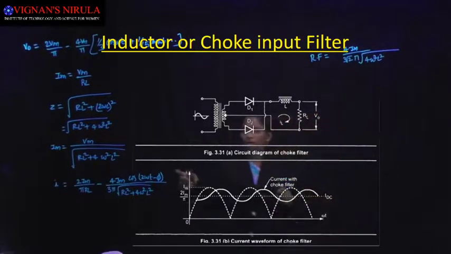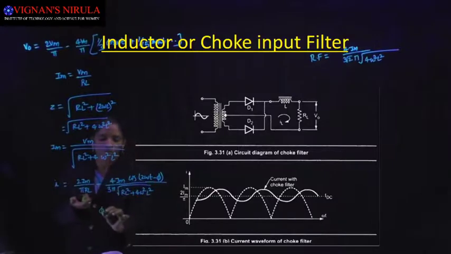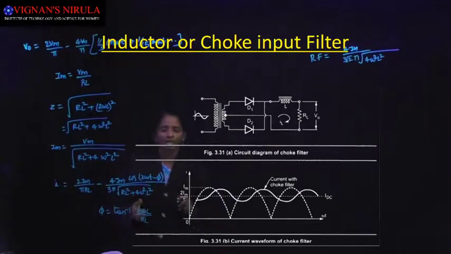Here in cos (2 omega t minus phi), phi is the angle. The phi value is equal to tan inverse of 2 omega L by RL.